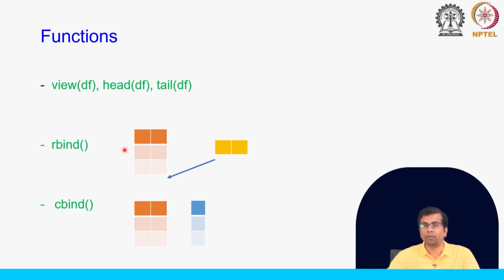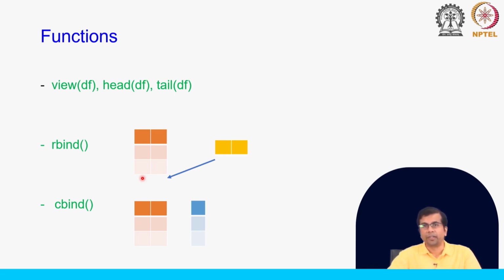It's possible to add another row using the command rbind. If you define these 2 elements and you want to add them below this data frame, you use rbind with the original data frame along with these elements. We will try this out and see how this works.